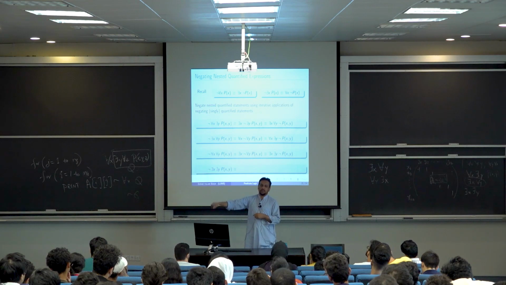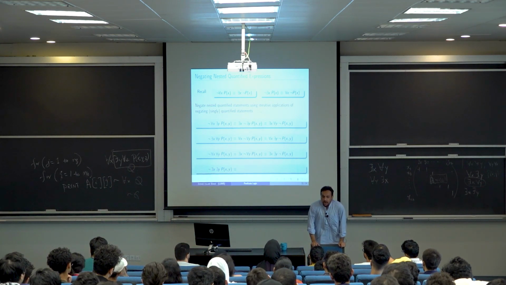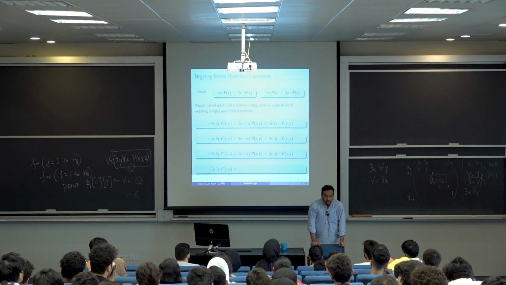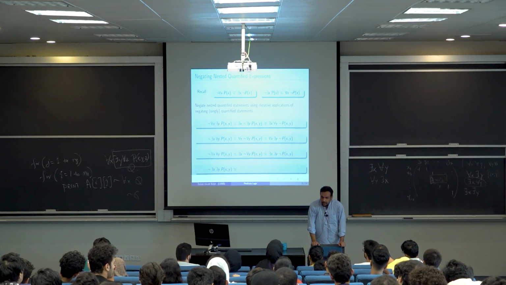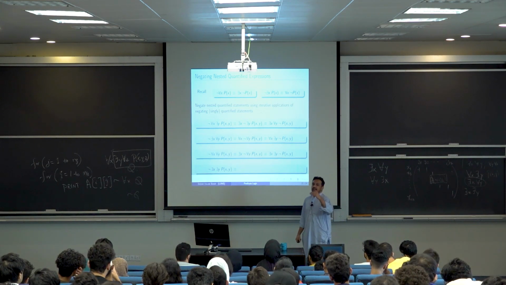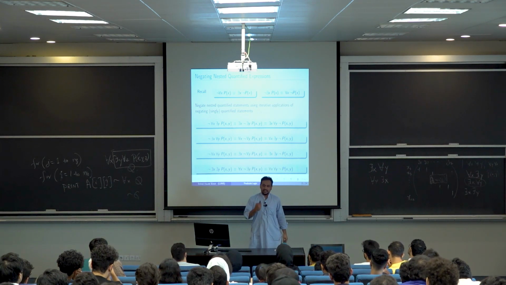That's for those people who haven't done assignment 0. You hopefully have done it. So when I ask you to negate the statement, that means there should not be any not sign before any quantifier. Okay. So this is how you negate these things.